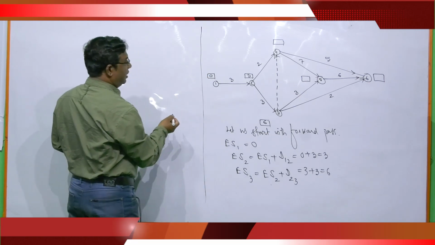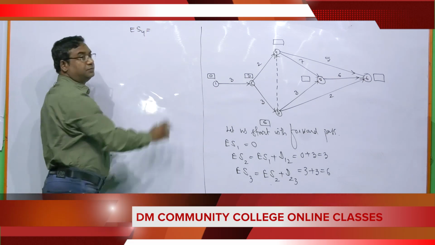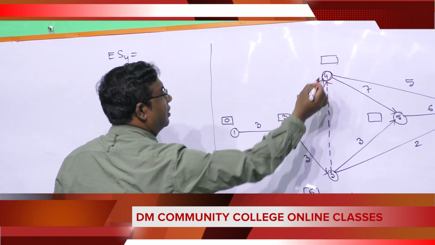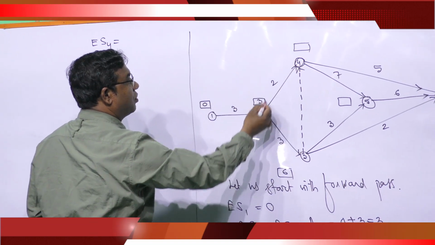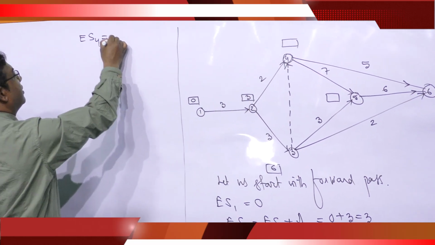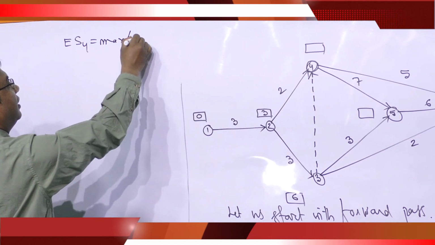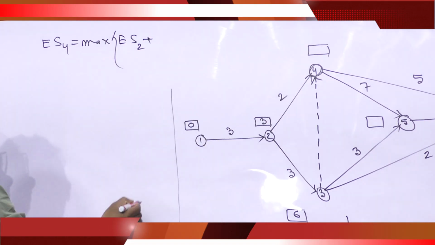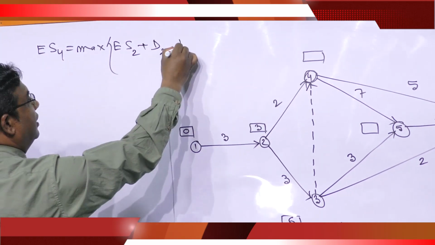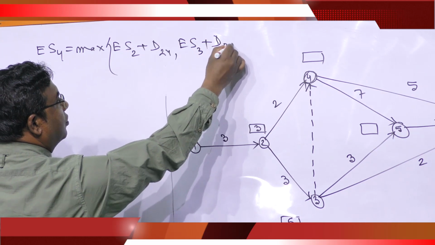Next, ES4. For this event 4, there are 2 routes, one from event 2, one from event 3. So we have to write the maximum of ES2 plus D24, comma, ES3 plus D34.